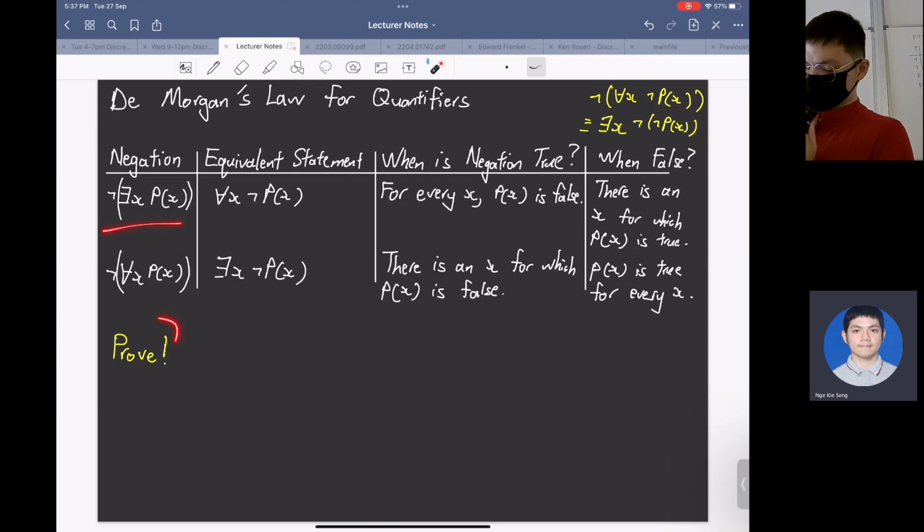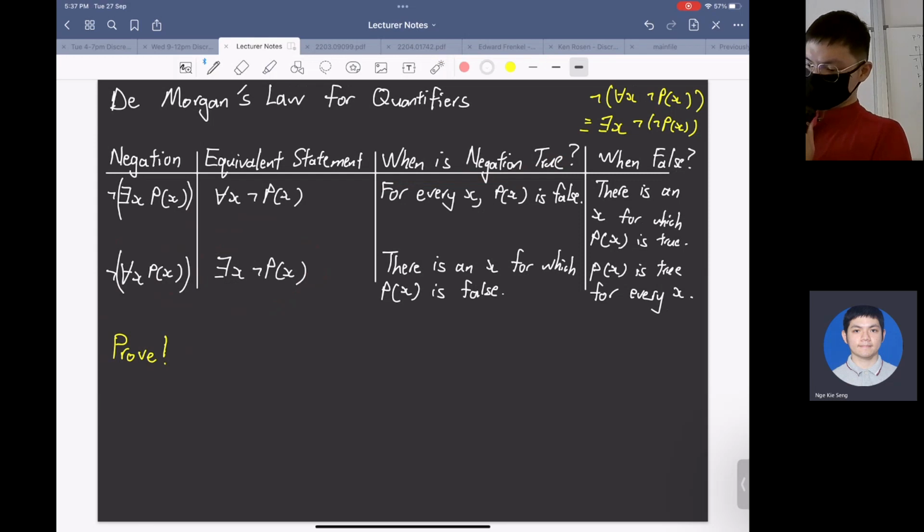You should be able to prove this just using words. It is not the case that for every x P(x), that means you can find an x such that P(x) is false. So when is the negation true? You negate this again.